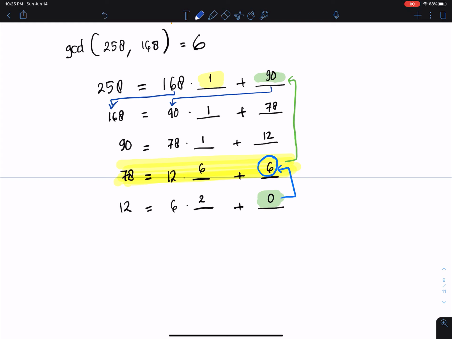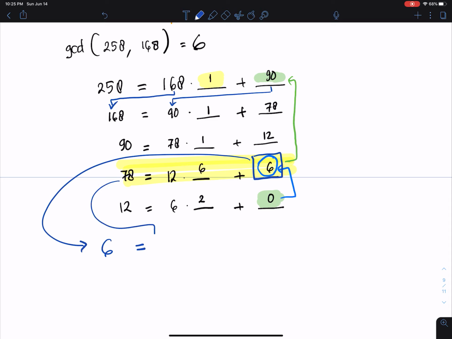We will start with this number. So I will bring these numbers here. 6 equals... So next is this number. Oops, sorry. Put it here. 78.